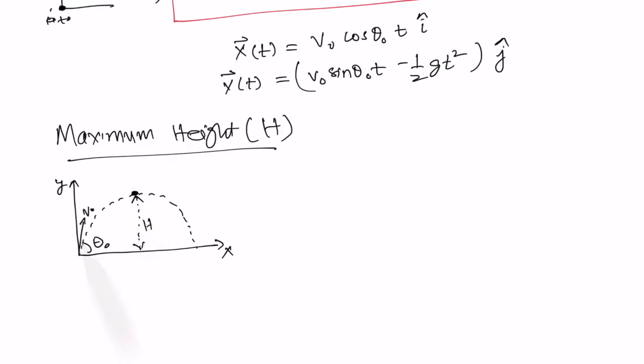Everywhere else there is some component of velocity in the y direction, but at the highest point, the y component of velocity is 0. Let's say the object reaches this point at time t1. The y component of velocity at time t1 has magnitude 0.